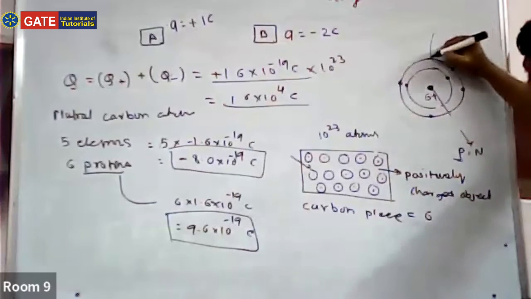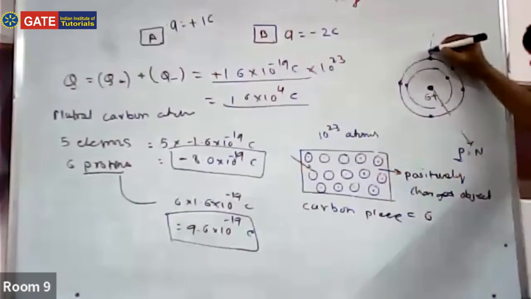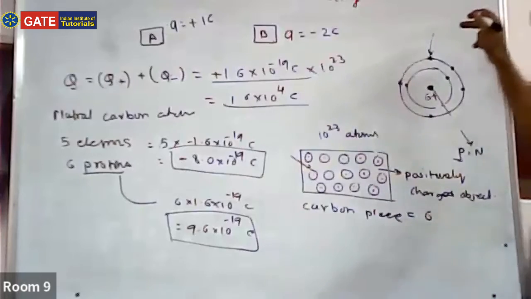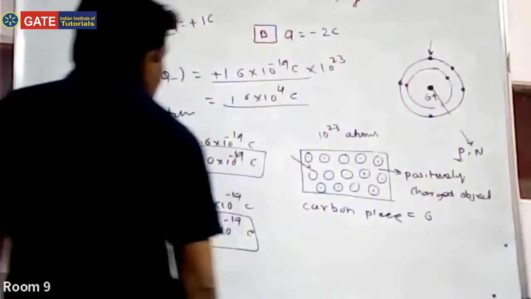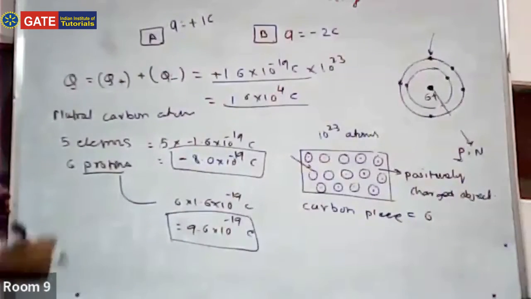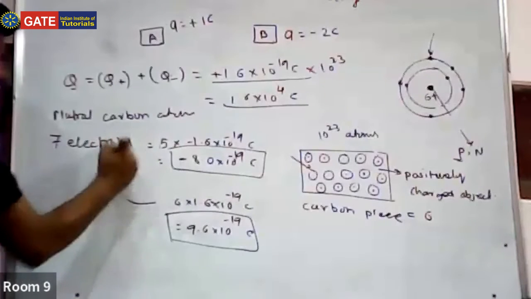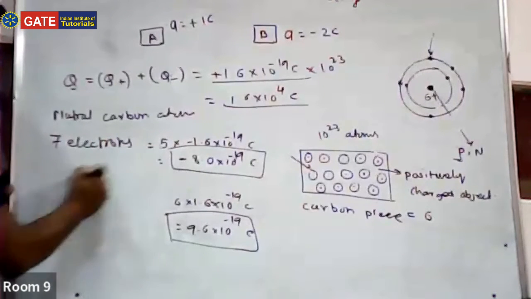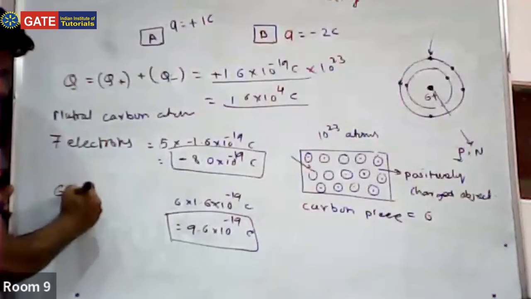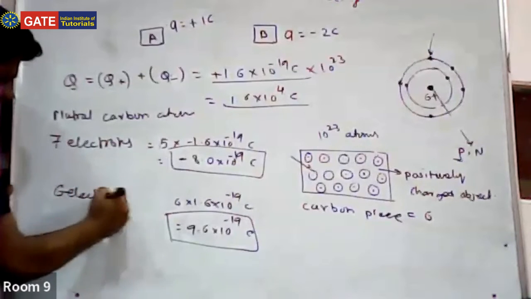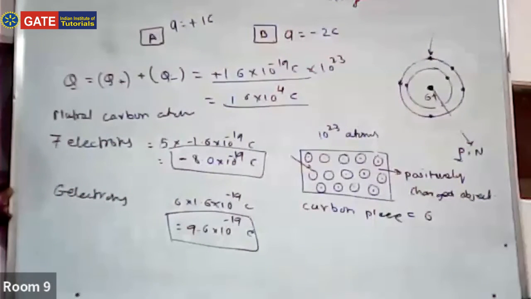When you put one extra electron in this atom, how many electrons are there now? 7 electrons. So what is the negative charge on the atom? Minus 11.2.